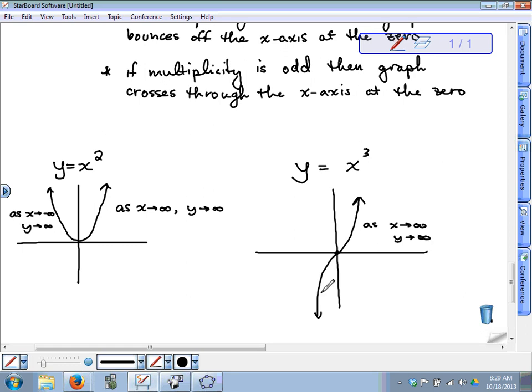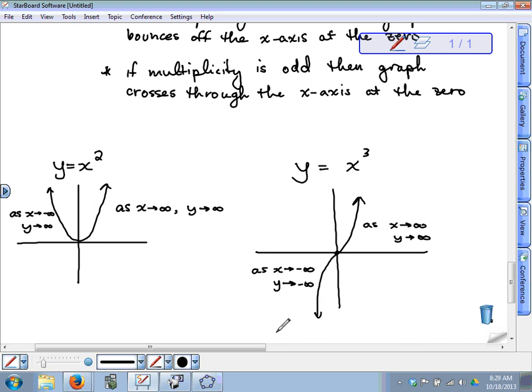Y approaches positive infinity. But on the other side, as x approaches negative infinity, y approaches negative infinity.